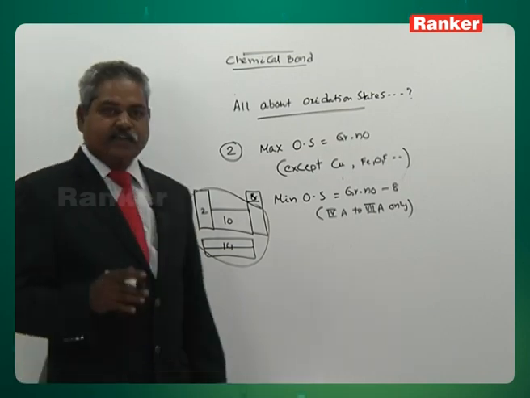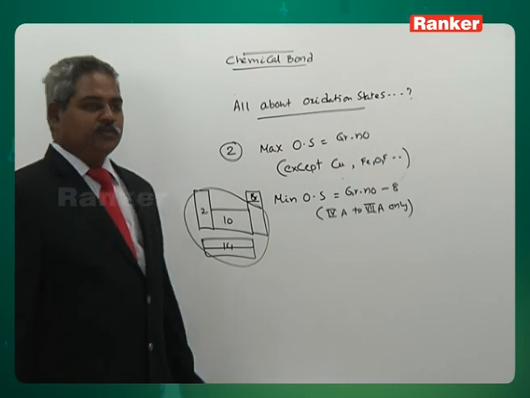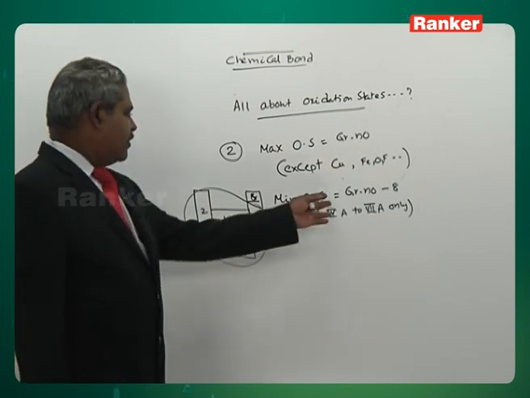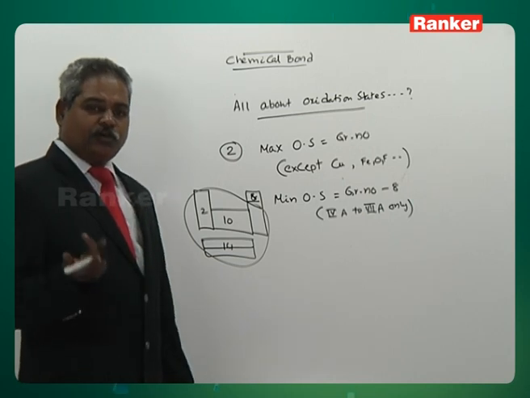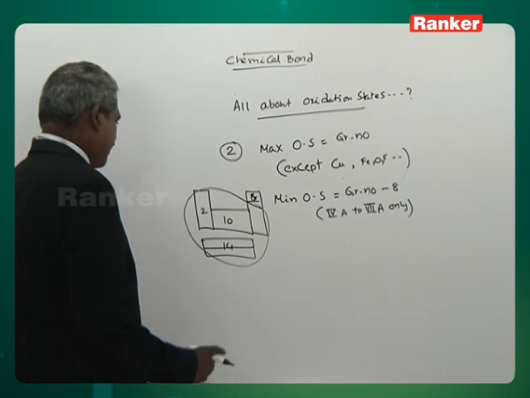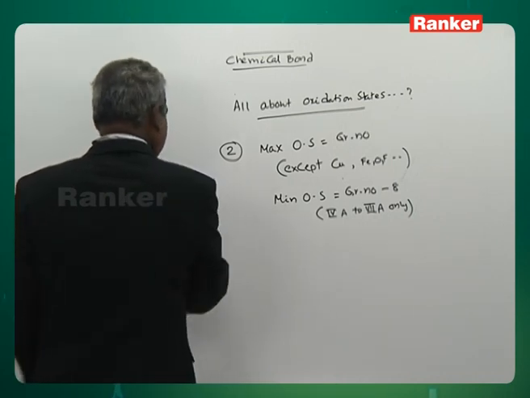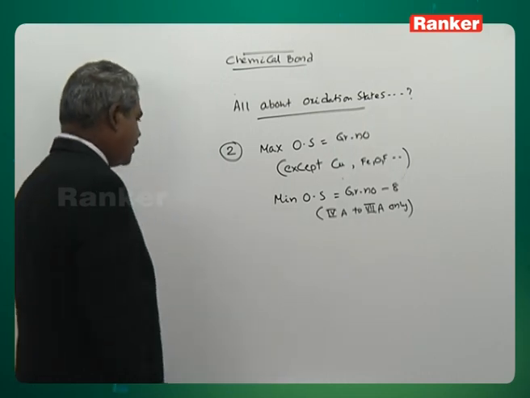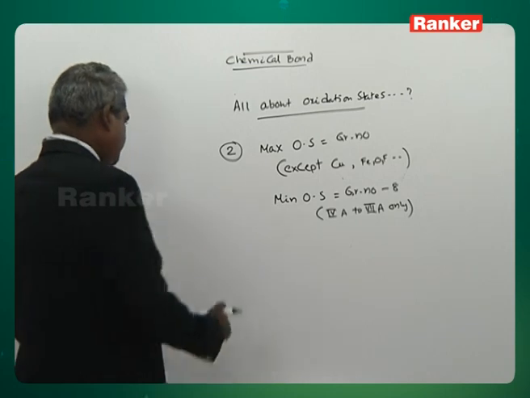And you know metals can never exhibit negative oxidation states, therefore 0. So it's enough if you have a rule from 4A to 7A. Noble gases don't exhibit any compounds, therefore theirs is also 0. They don't have a maximum or a minimum. So, maximum oxidation state is equal to group number, minimum oxidation state is equal to group number minus 8.